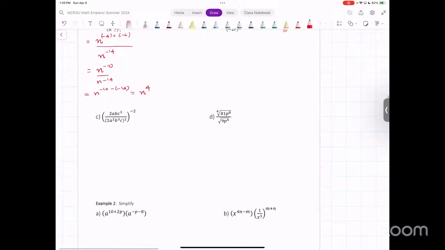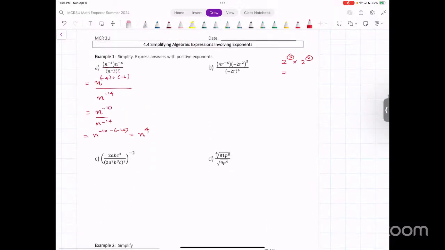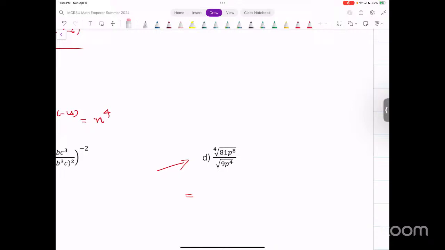All right, let's do the little more complicated one, D. When you have the 4 inside the root like that, what is the exponent?